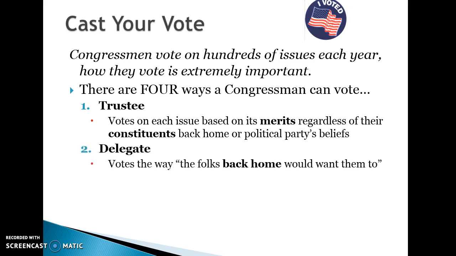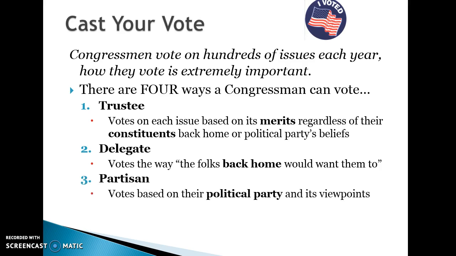If I'm a delegate, then I always vote the way folks back home would want me to. So if I'm a senator and I believe abortion should be legal, but the people I represent believe that abortion should be illegal, then I always vote for abortion to be illegal.